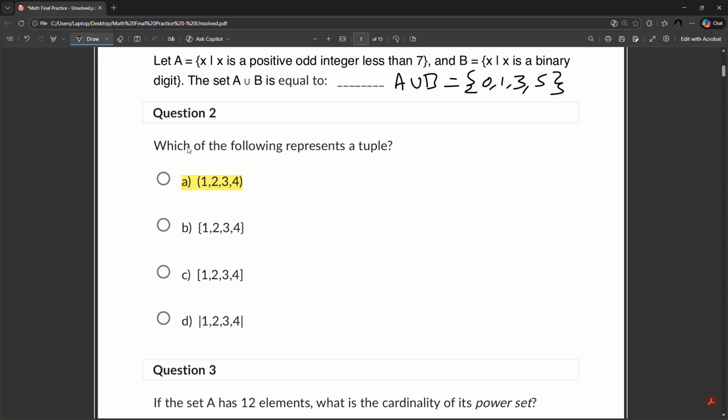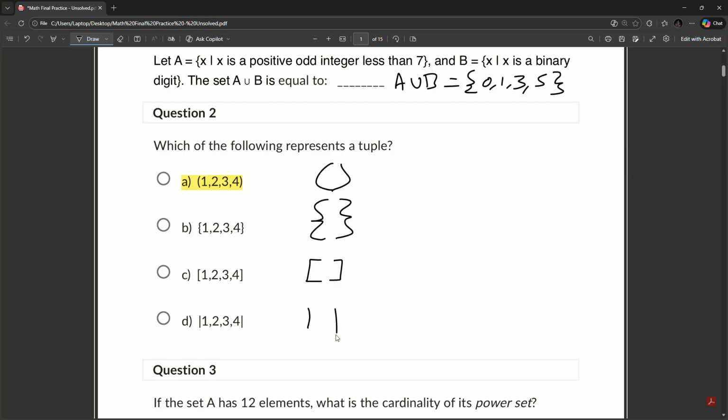Okay. So why is it A? In Python or in any normal programming language, this is a tuple. This is a list. Sorry, this is a set or a dictionary, meaning it has no duplicates. This is a list.